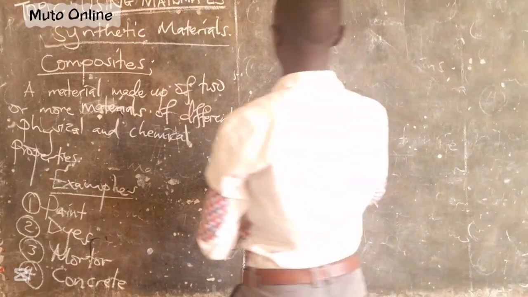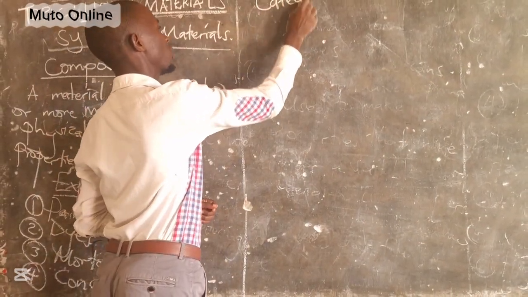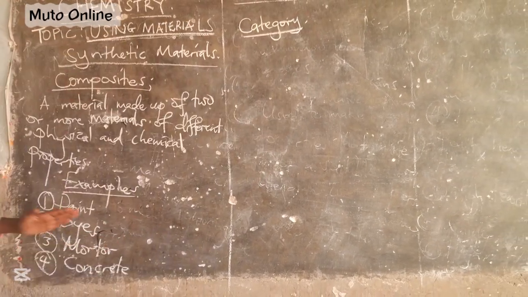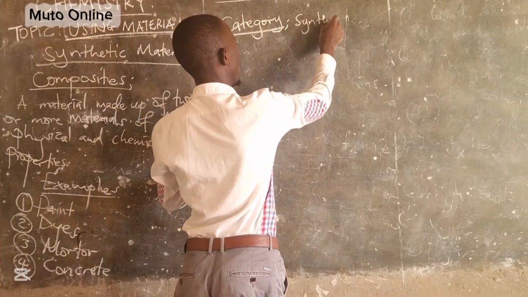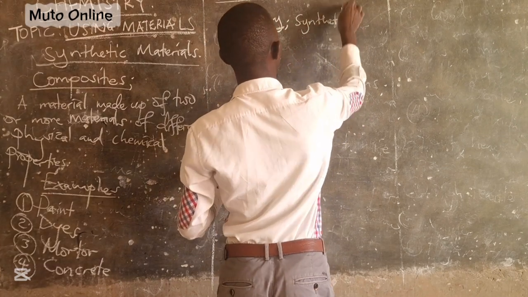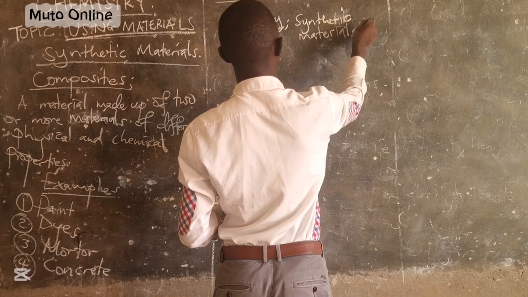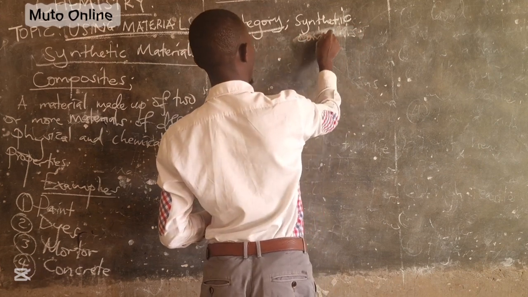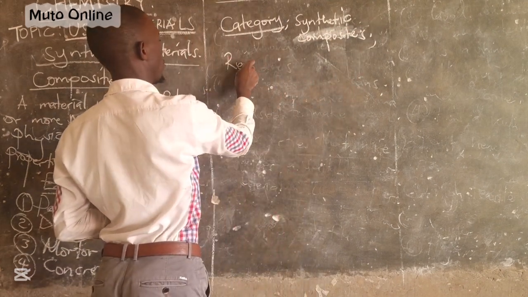And when a question or a task is posed to you to explain the category of the material, any of these four are classified as synthetic materials or synthetic composites. Why are they called so?